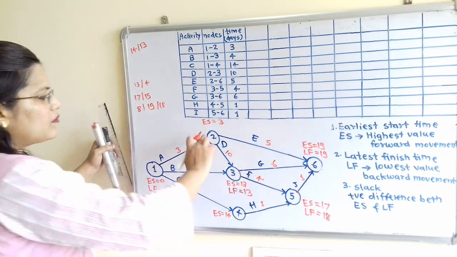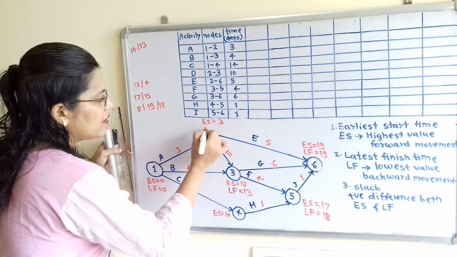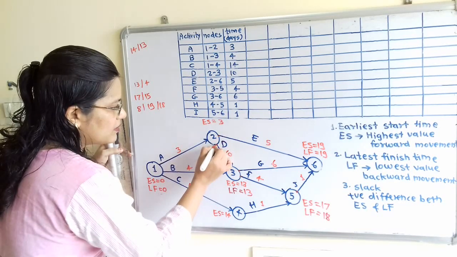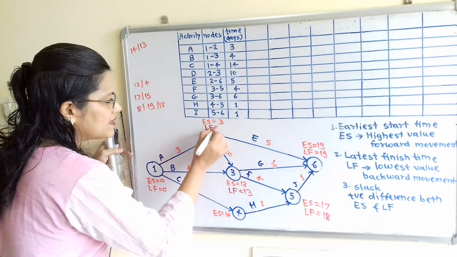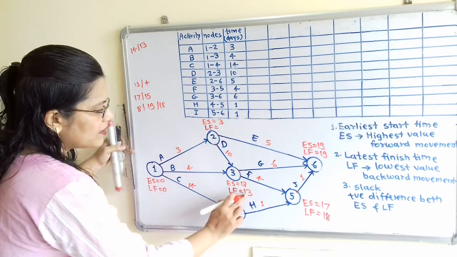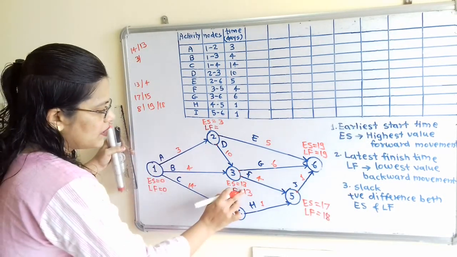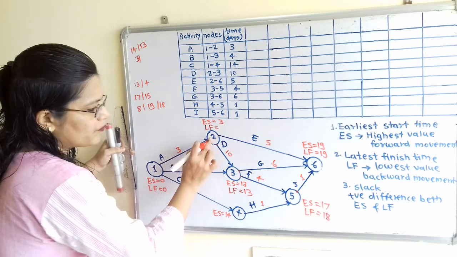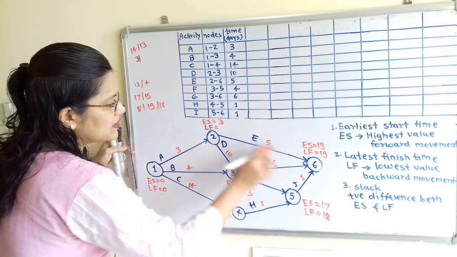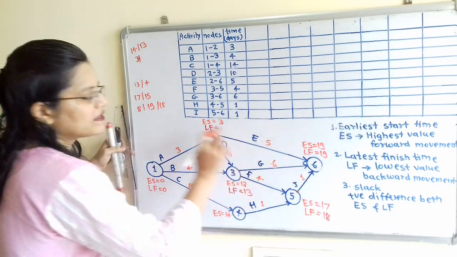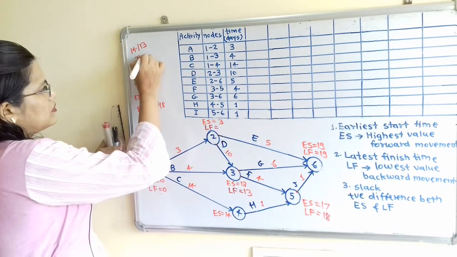Now again we will move to node 2. Here there are two start points. So how to calculate the LF value? Here 13 minus 10, that is 3, is the first option, because from 3 to 2. And the second arrow is 6 to 2, in the backward direction, that is 19 minus 5, that is 14.